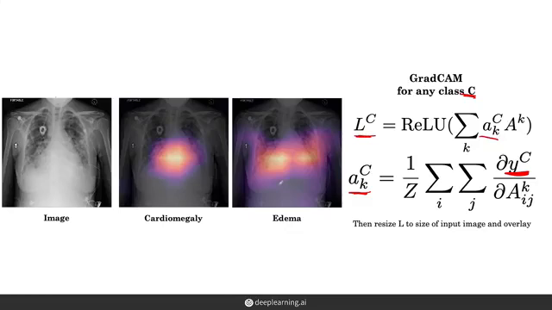Here we have the heat map shown for cardiomegaly and edema, both of which are present in this image. And so this covers the GradCam method for visualizing our deep networks.